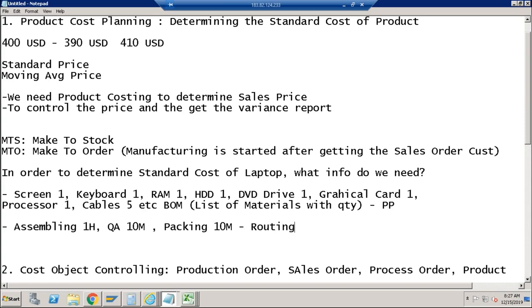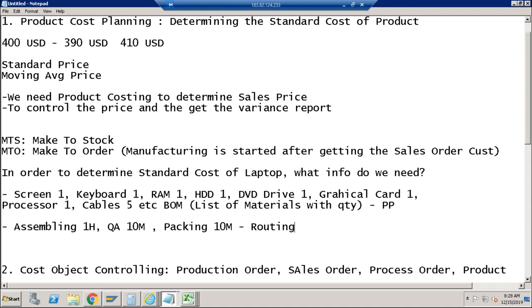What is routing? Routing means the different activities that we need to perform in order to manufacture a particular laptop. Simple. Routing is nothing but a list of activities with time. How much time we need to perform which activity, that is routing.